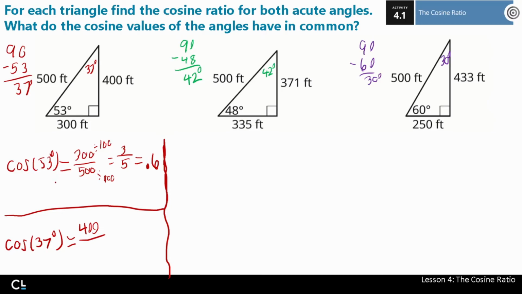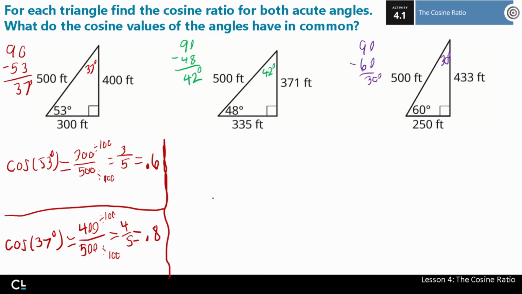So if our hypotenuse was 500 here, we know it has to be 500 here. Once again, we could divide both the top and the bottom by 100, which is going to give me 4 over 5. Then I plug that into a calculator, and it gives me 0.8.